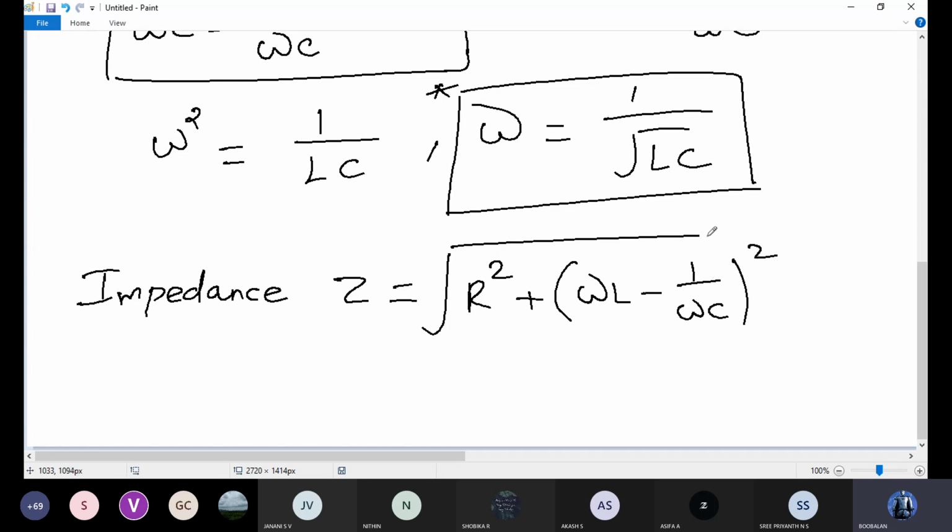Now omega L minus 1 by omega C is equal to 0. Then Z equals root of R square. So root of R square means Z equal to R for the impedance.